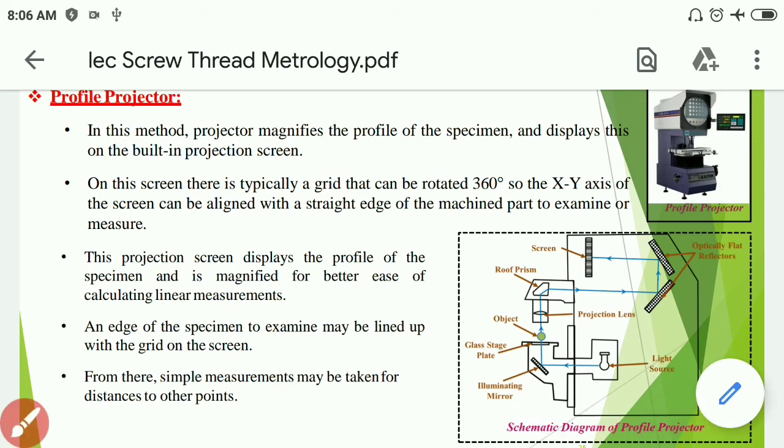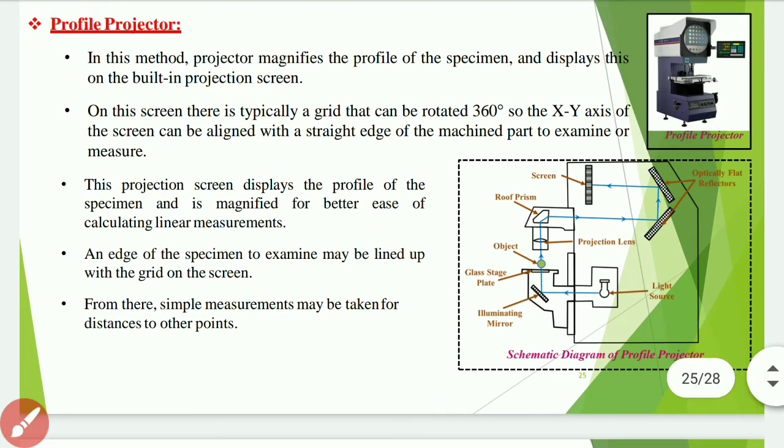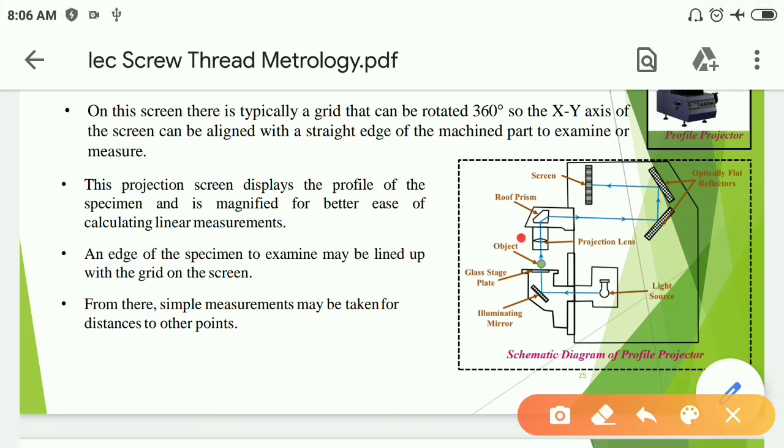Here as shown in the figure, the light source lamp is available, then the mirror is there, then it is diverted at 90 degrees, then the glass stage plate is there, here the object is placed, then the projection lens, and later the roof prism, then again it can be observed on the screen.